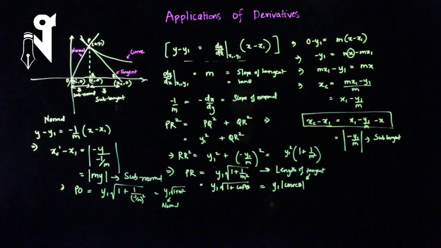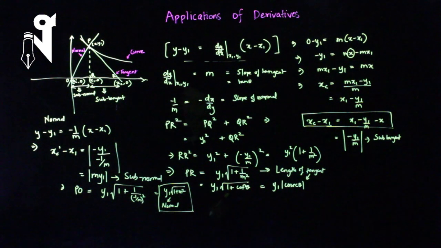So y1 root 1 plus 1 by m square is the length of tangent. y1 by m modulus is the subtangent. m y1 is basically the length of subnormal, and y1 under root 1 plus m square, this term, is the length of normal.